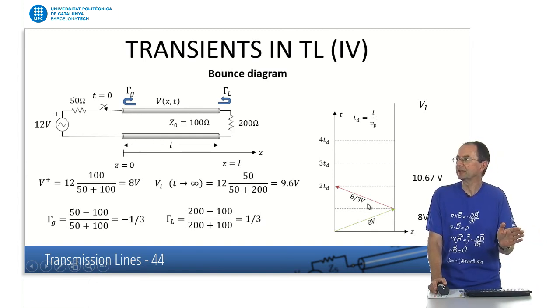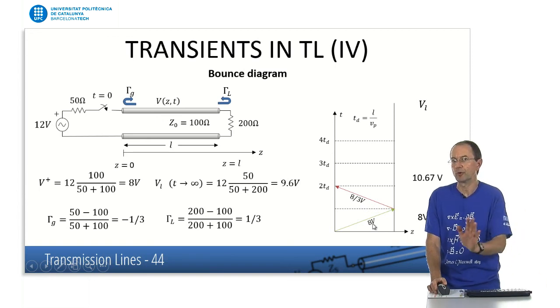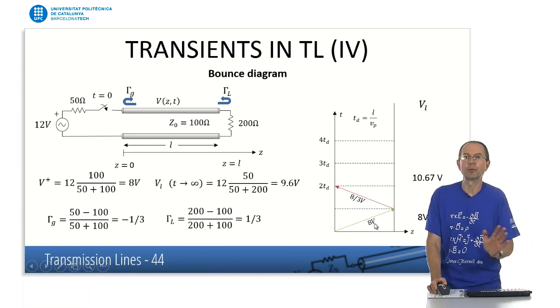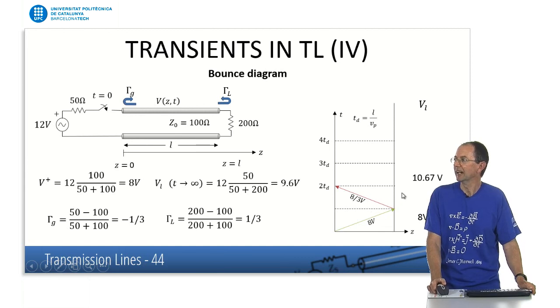We have in this case an amplitude of 8/3 of volt progressing towards the input port of the line and being added to the previous 8-volt forward wave or forward pulse. So if you add these two voltages, when this reaches the input port it is not at 8 volt, it's at 10.67 volt at this time.